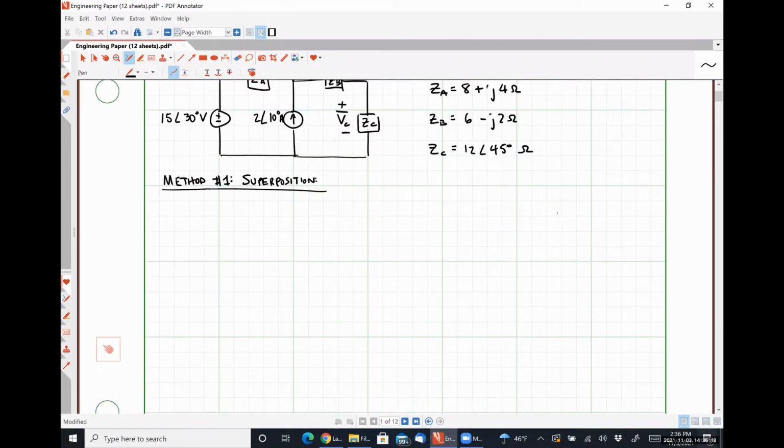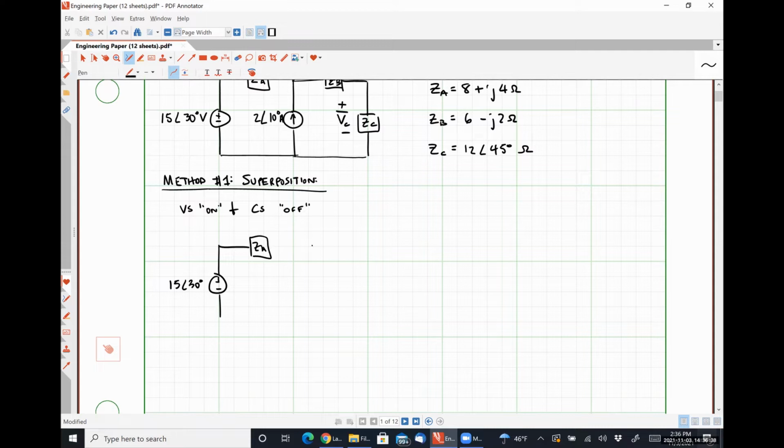So with our voltage source on and our current source off, what this would look like would be 15 angle 30 degrees here.